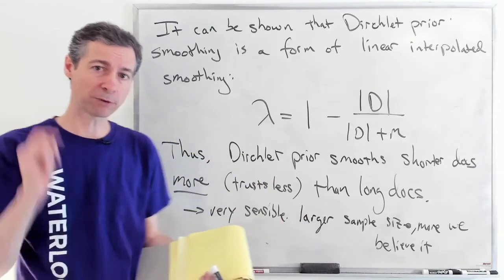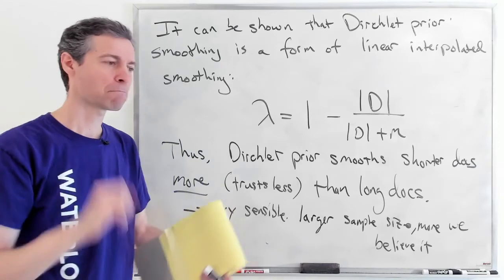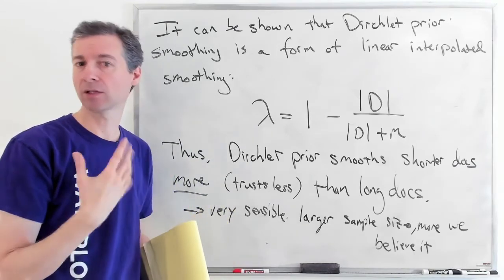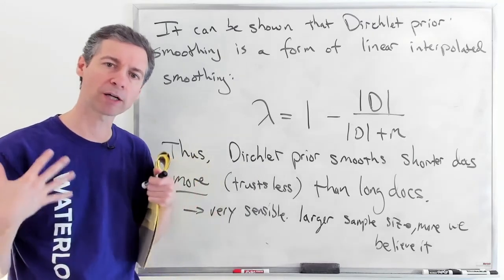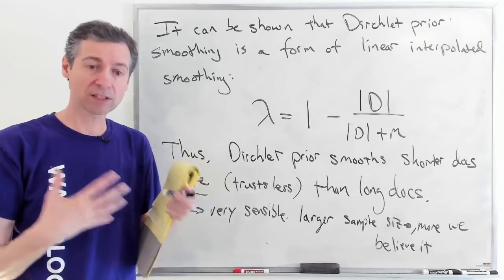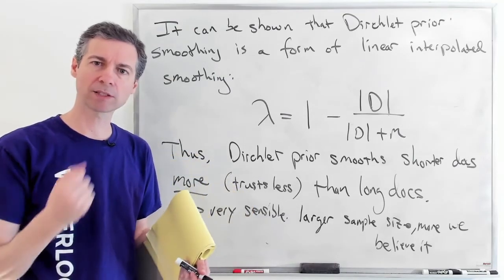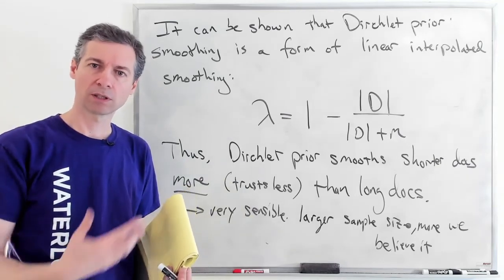And so Dirichlet prior smoothing is really neat in the way that it's basically saying, shorter documents get smoothed more because I don't have as good of a sample of them, so I need to rely more on my prior belief. But as the document gets longer and longer, I have a much better estimate of how those words really are used in that document.